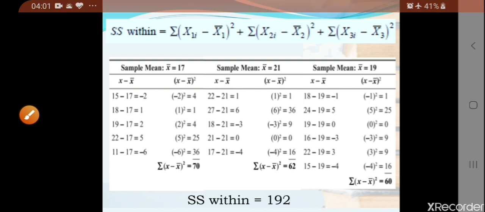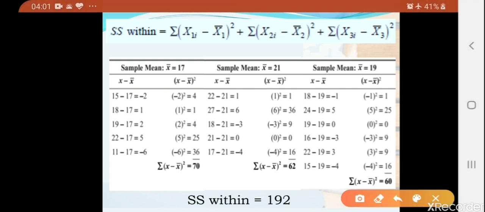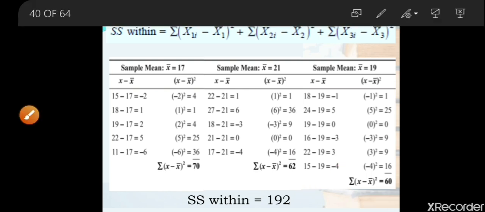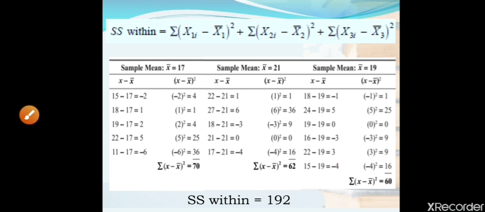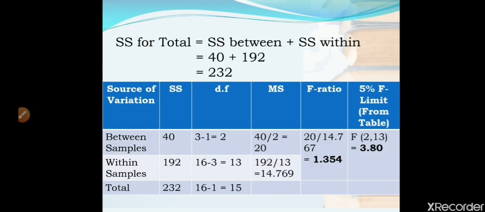So if we add these 3, we will get SS within as 192. So then the SS within 192 plus SS between 40 comes as SS for total.